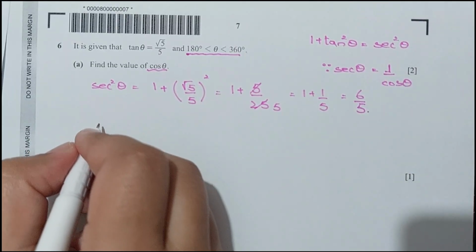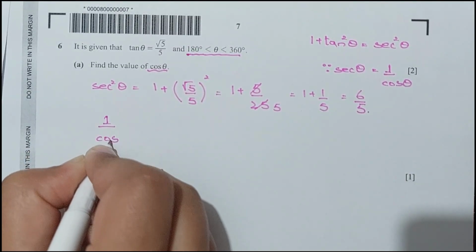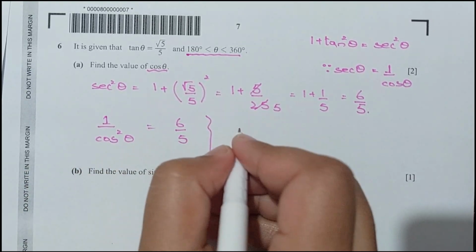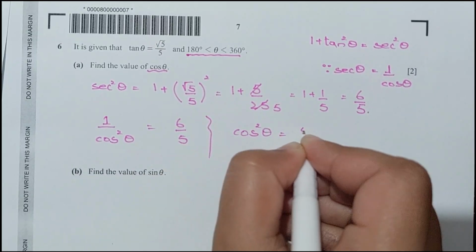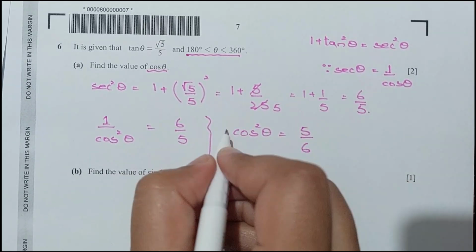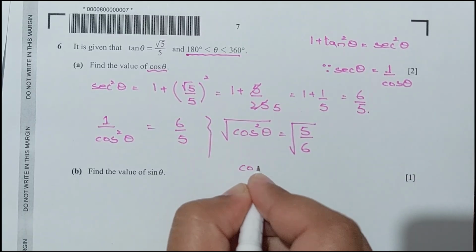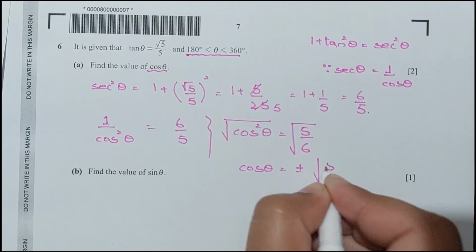Secant square theta is basically 1 over cos square theta, and it is 6 over 5. Take a reciprocal on both sides, so cos square theta is 5 out of 6. Take a square root on both sides, so cos theta equals plus or minus root 5 over 6.